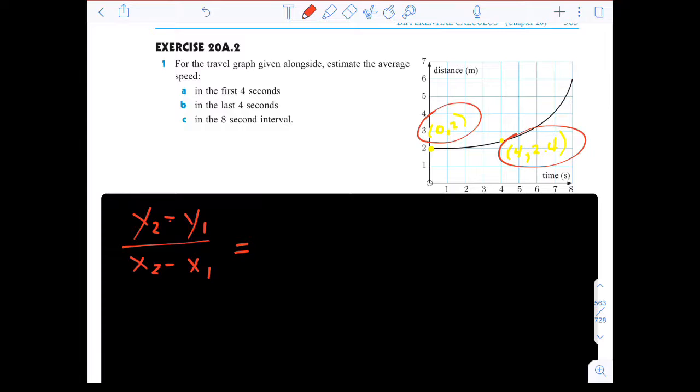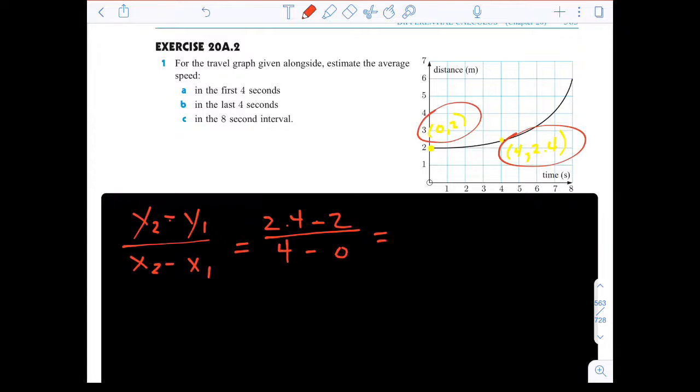Doesn't matter, you get the same answer at the end anyway. But we'll get 2.4 minus 2 all over 4 minus 0. So I get 0.4 over 4. And when I divide that, 0.1. So that means the average speed in this case was 0.1 in the first 4 seconds. And if we look at what we have here, it's meters and seconds, so it's meters per second.